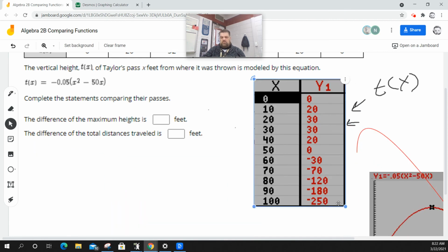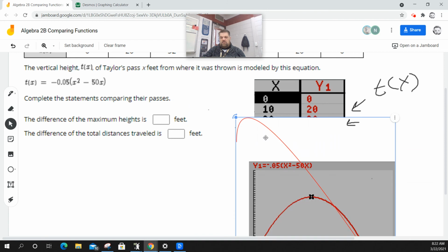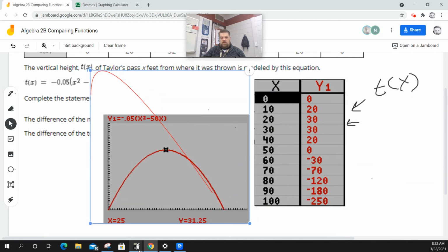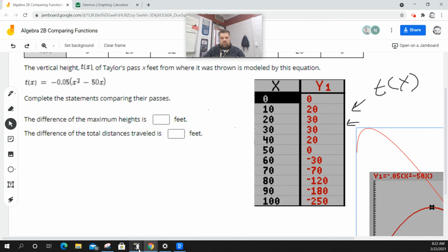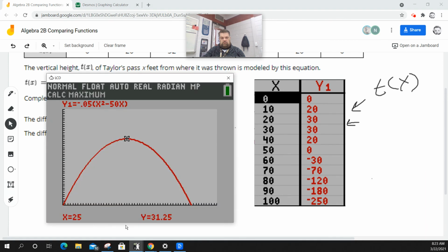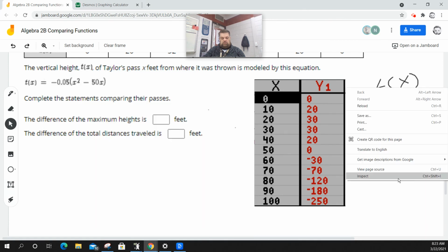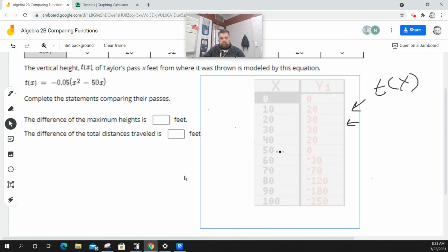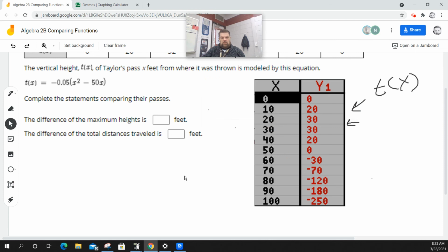So that's T of X. Why do I have that little line there? That's interesting. I got a little line there.